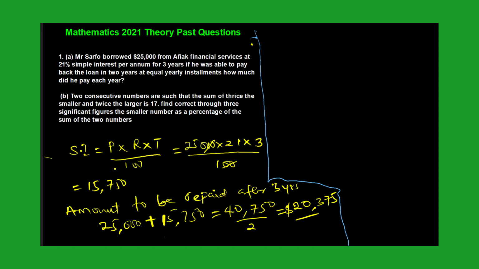So let the numbers be n and n plus 1, so that by the time we get the value of n, the value of n plus 1 will be the next number.